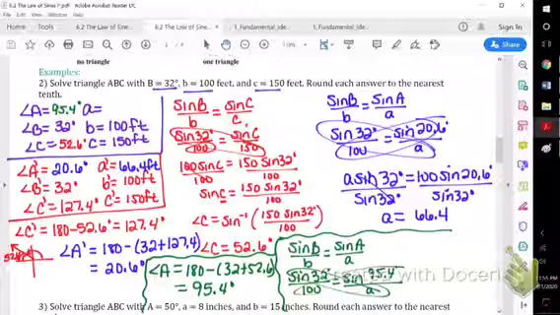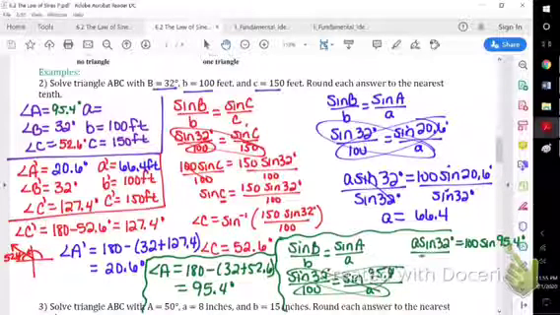So we're going to cross multiply and divide. So I have A times sine of 32 degrees equals 100 times sine of 95.4 degrees. Divide by that sine of 32 degrees.